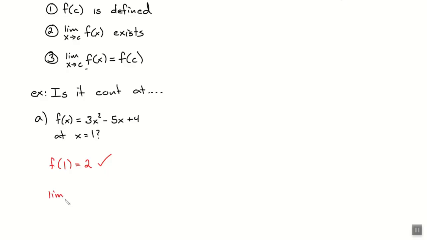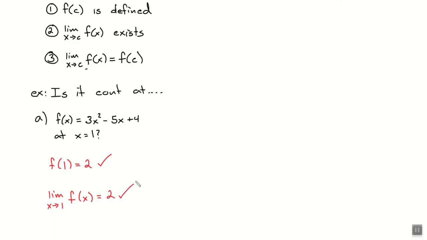The limit as x approaches 1 of my function f. Now methods here. I don't have any weird stuff going on, no radicals, no dividing by 0. So what's the method I should try? Let's try direct sub. And what do I get? 2. Check.